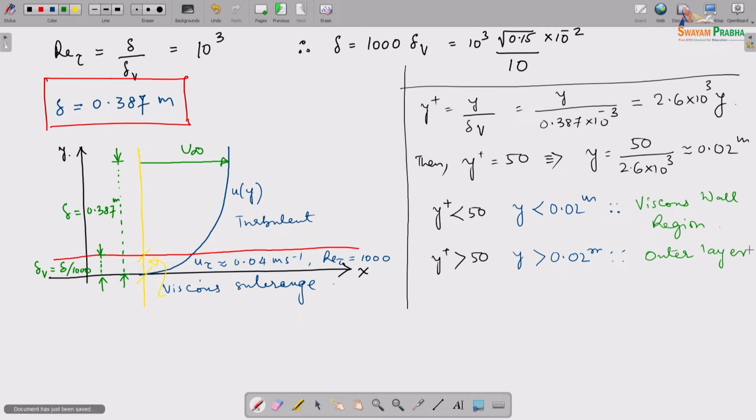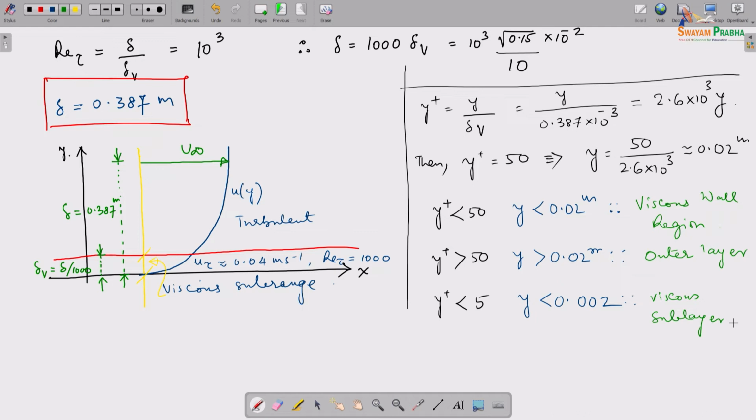Then y plus is less than 5, which means y is less than 0.002. This is the viscous sublayer. If you see in this problem, what was our delta V?